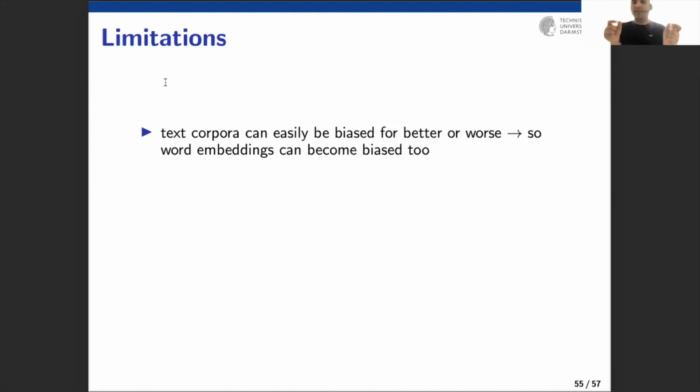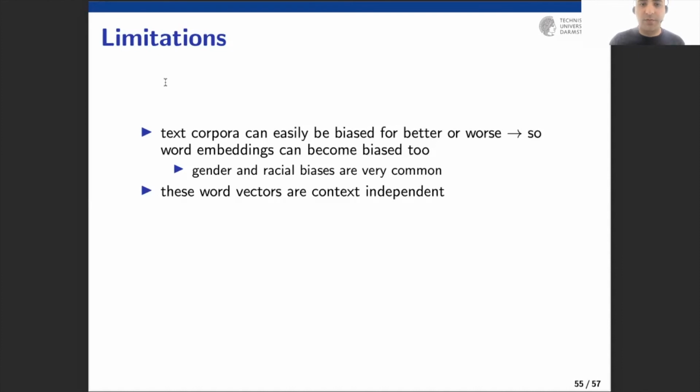That's why the model thinks these two are related, but they are not. There are different types of biases in current word embeddings; gender and racial biases are very common, so they need to be addressed.